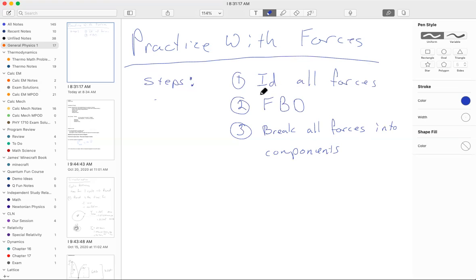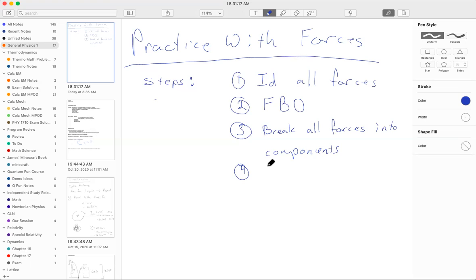I want to say, in the free body diagram, you only include forces. You don't include acceleration or anything else. All right, break all the forces into components. And then step 4, we want to add up all the forces.